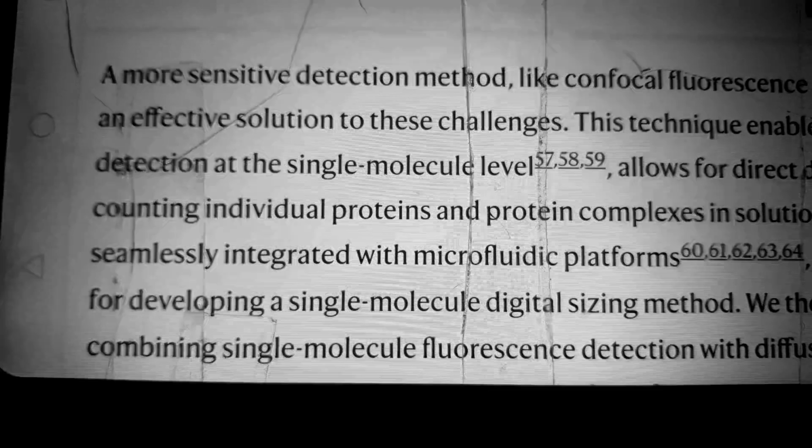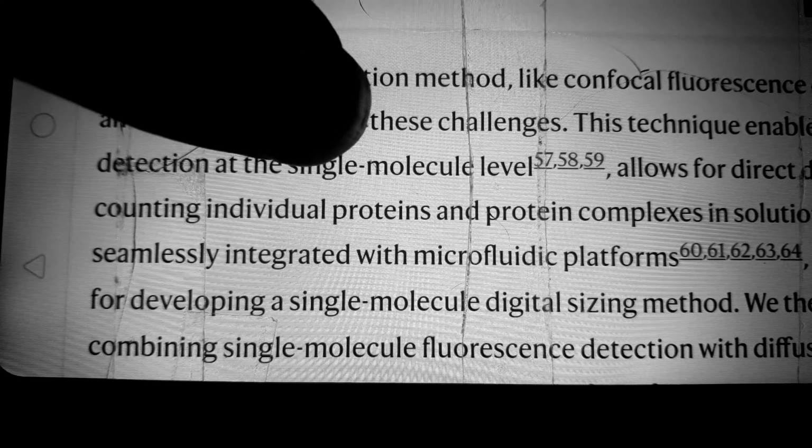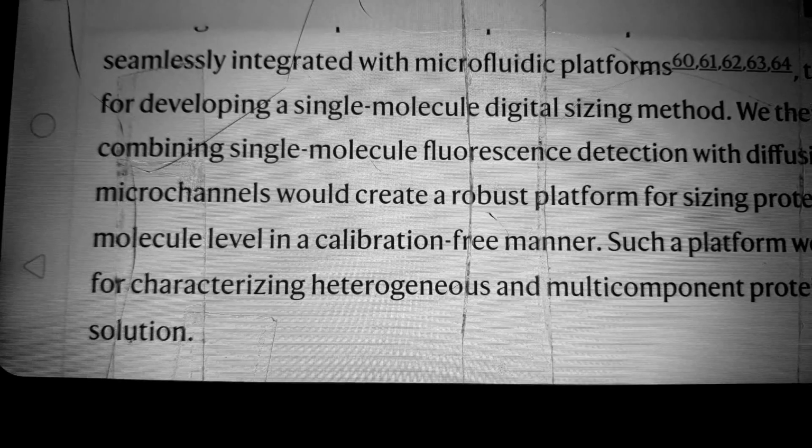A more sensitive detection method, like confocal fluorescence detection, could offer an effective solution to these challenges. It allows for direct digital readouts by counting individual proteins and protein complexes in solution, and can be seamlessly integrated with microfluidic platforms, thus setting the stage for developing a single molecule digital sizing method.